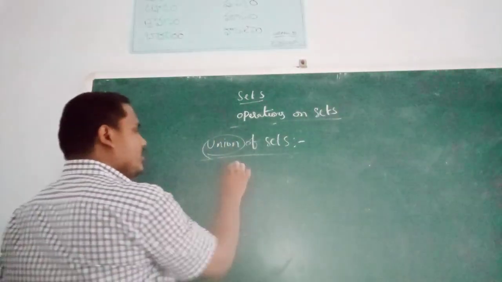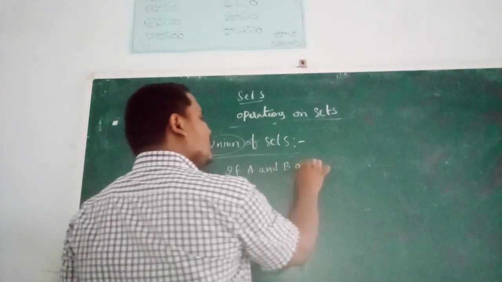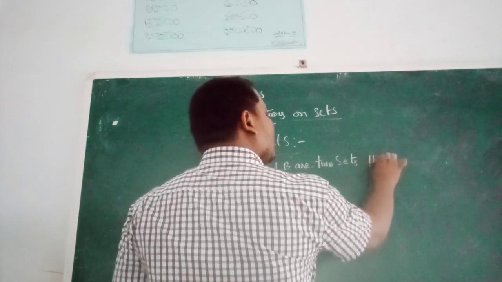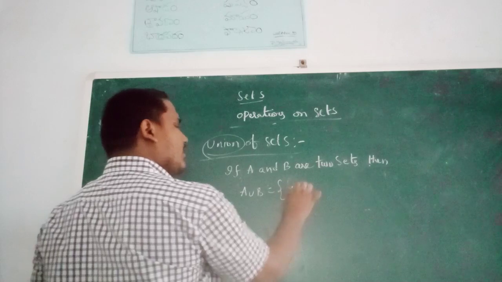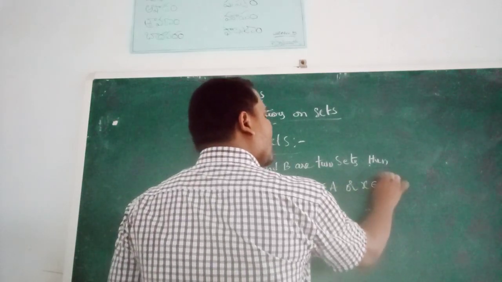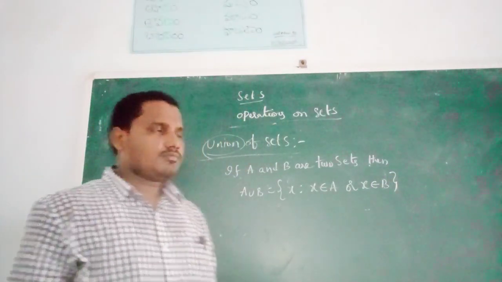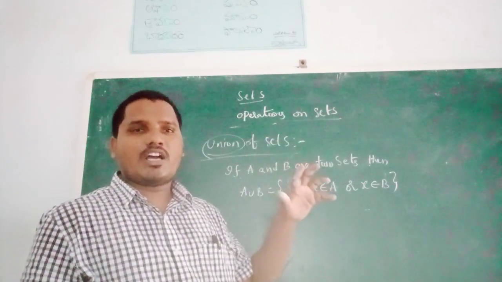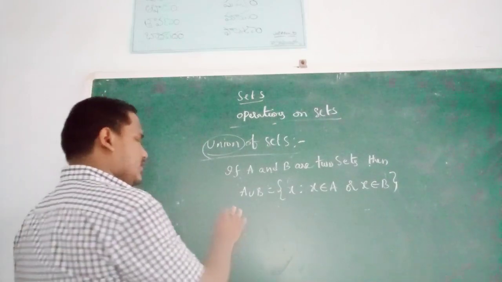So if A and B are two sets, then A union B is equal to the set of X such that X belongs to A or X belongs to B. This is the set builder form of a union of sets.